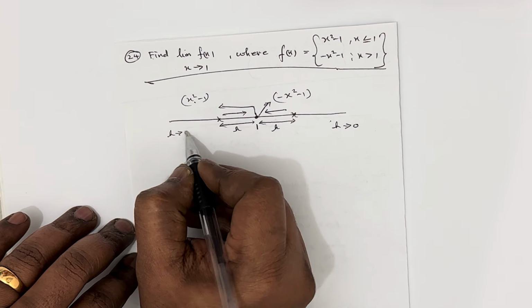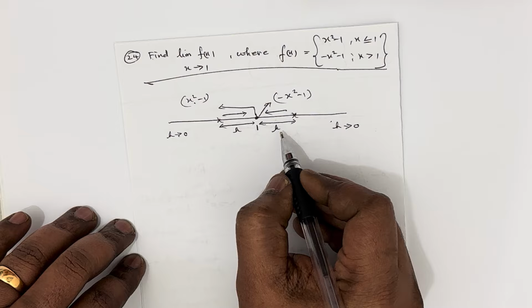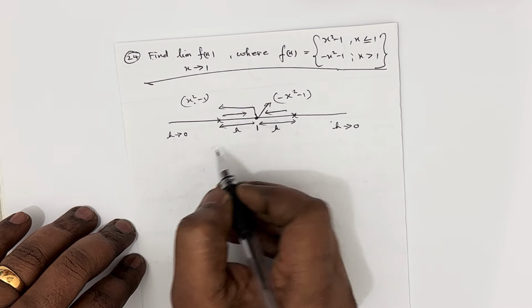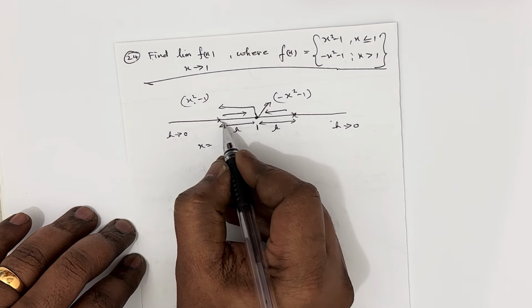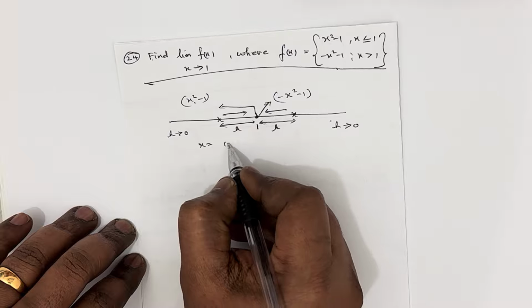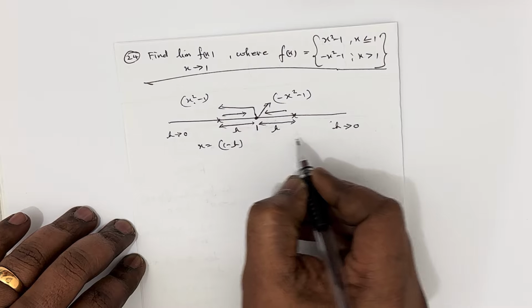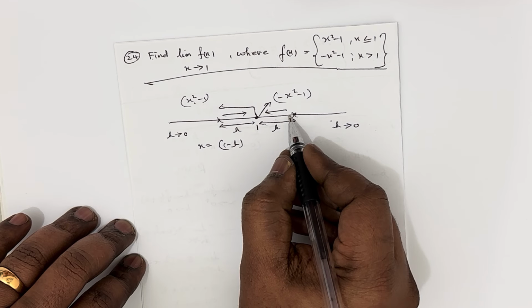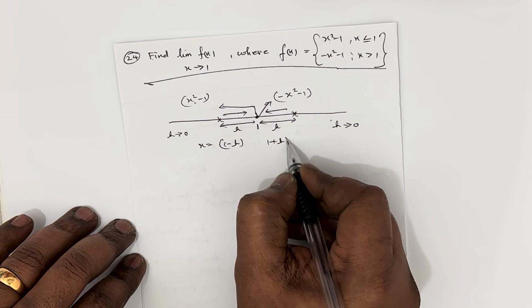So the position of x will be 1 minus h on the left, and on the right the position of x will be 1 plus h.